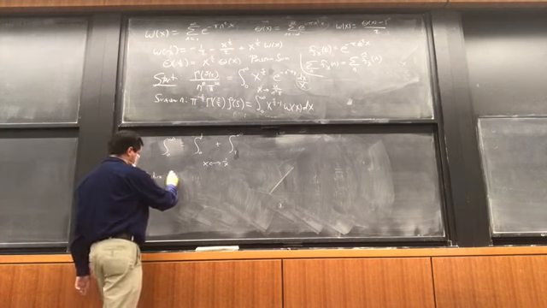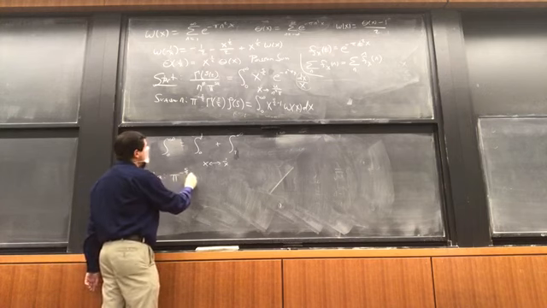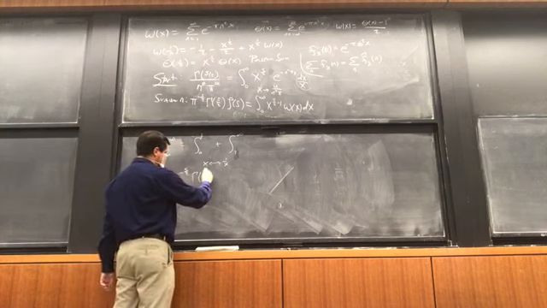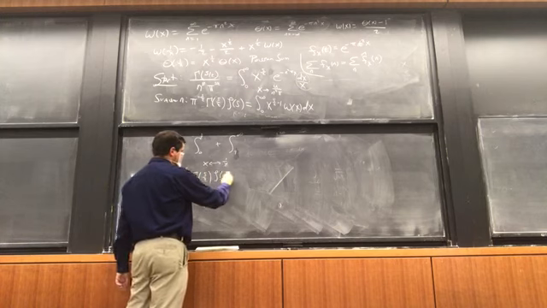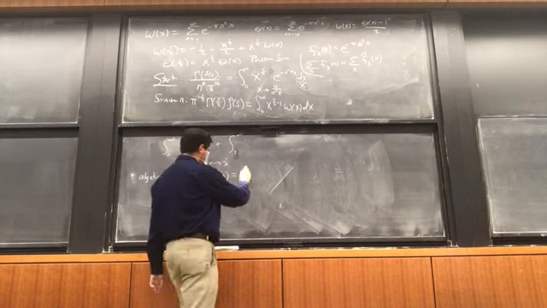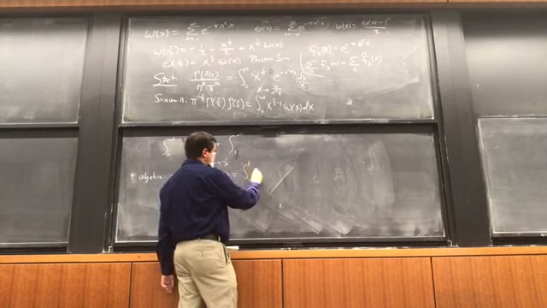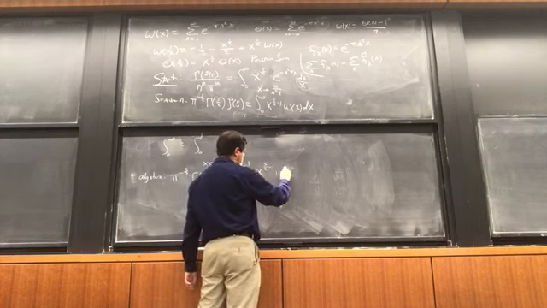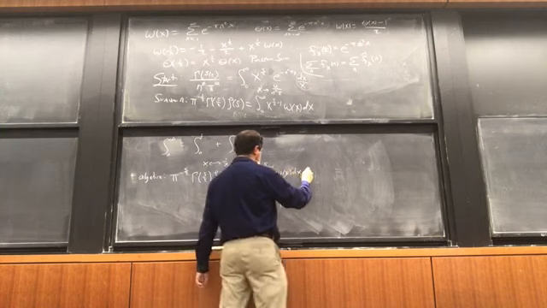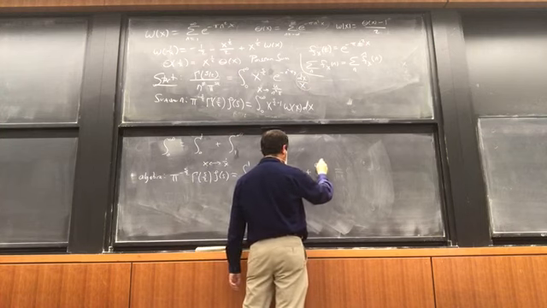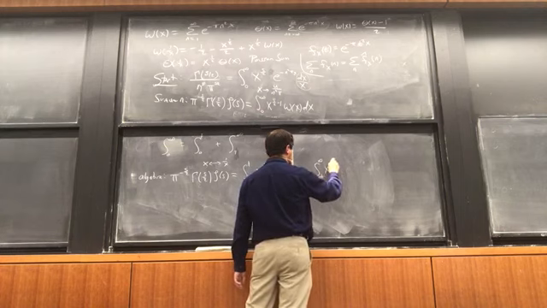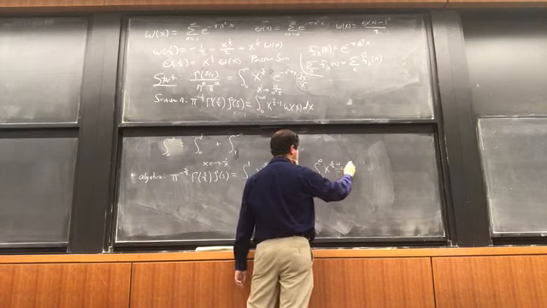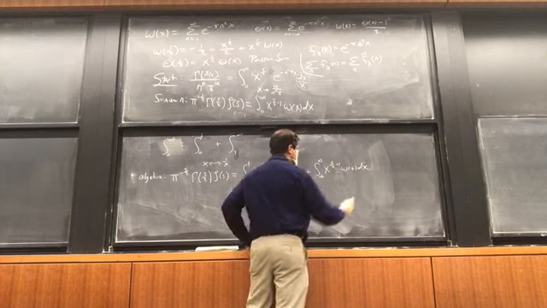So algebra, we would get pi to the negative s halves, gamma of s halves, zeta of s, is going to be the integral from 0 to 1, x to the s halves minus 1 omega of x dx, plus the integral from 1 to infinity of x to the s halves minus 1 omega of x dx.